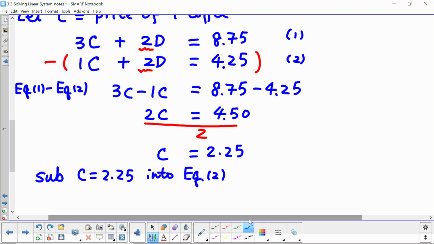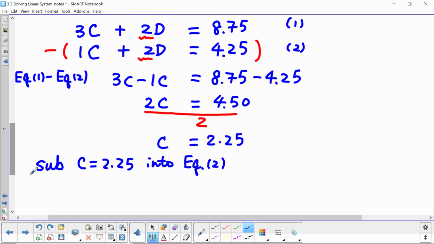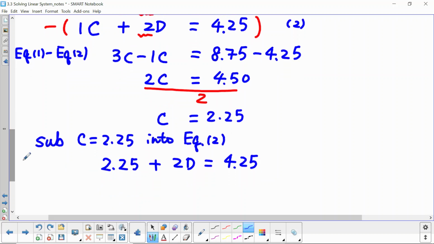So sub C equals $2.25 into equation 2. Replace C with $2.25. 1 times $2.25, they are same, so you don't need to write a 1 at the front. Then in order to solve for D, we need to move the number to other side.